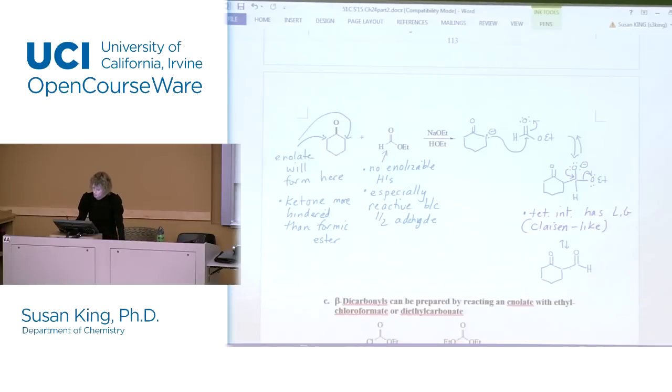And now that ethoxide that we just kicked off is going to come and remove this active methylene proton, and that drives the equilibrium.